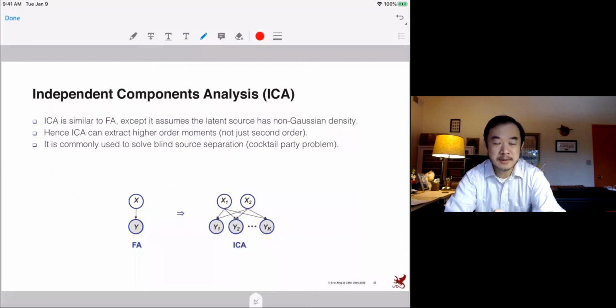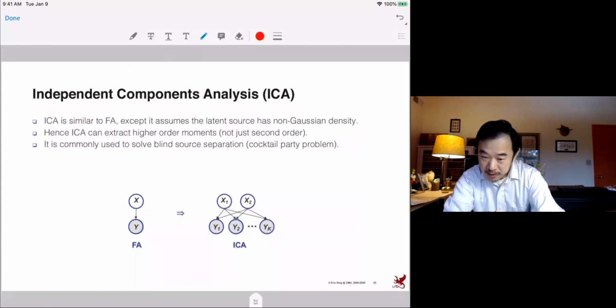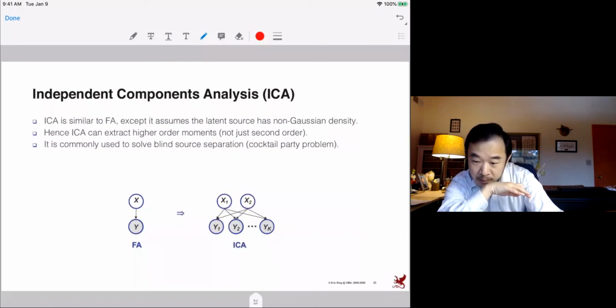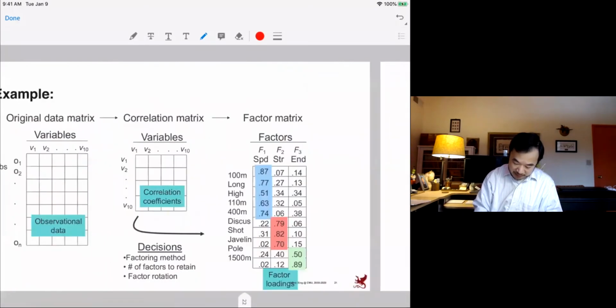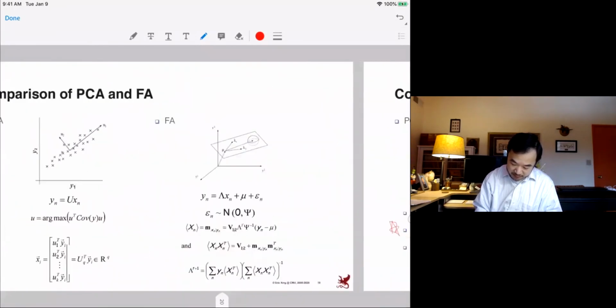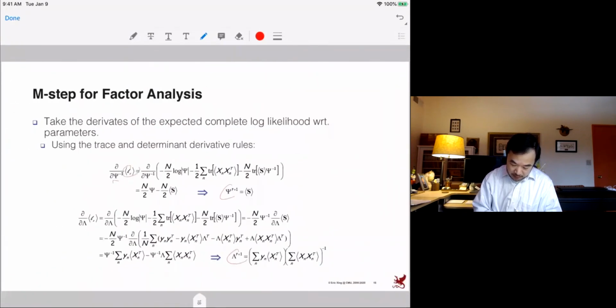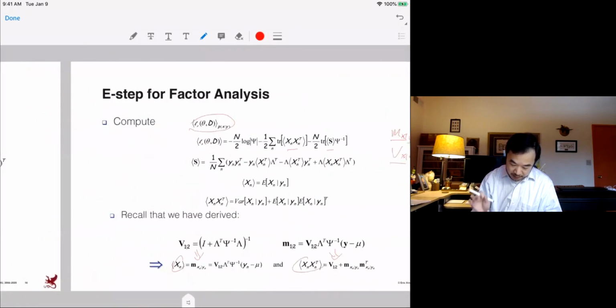Other questions? There is one about that. What does it mean by lambda only appearing as a lambda outer product? Let me switch back a few slides. Maybe in here.